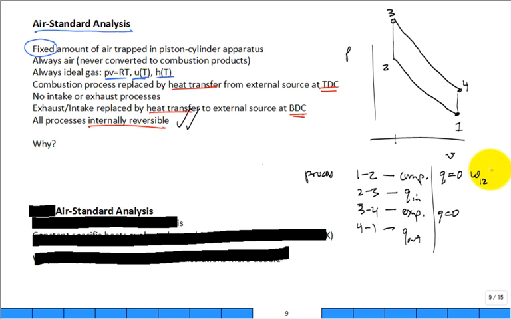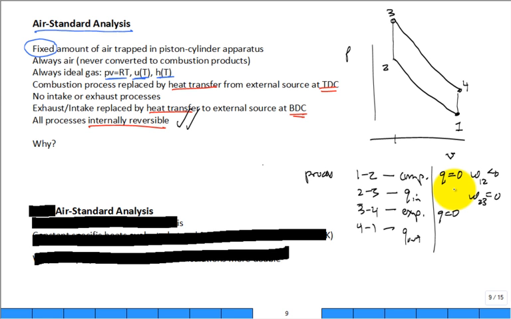How about the work 2 to 3? 0. That'll throw a lot of students for a loop. A lot of you know that right now, but I bet there's a few out there saying, what? Why is the work 2 to 3 equal to 0? Because I'm not expanding or compressing.